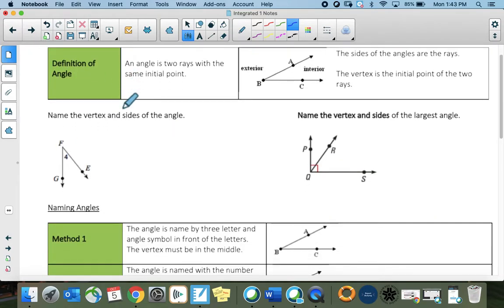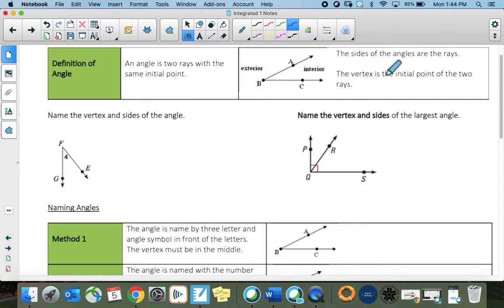All right, definition of an angle. The definition of an angle is two rays that have the same initial point. So BA is one ray and BC is another ray, and they both have that same initial point of B. The interior of an angle is when it's on the inside, the exterior is on the outside.